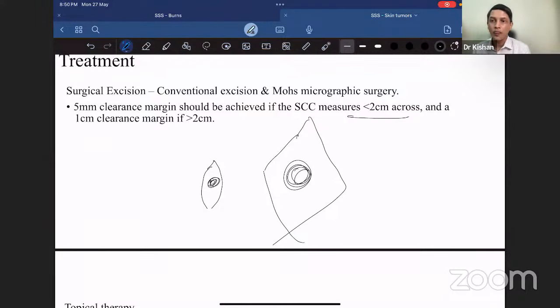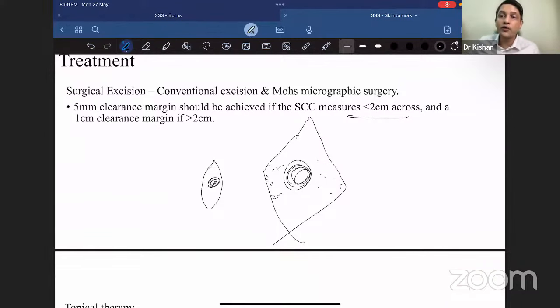Now, what happens? Sometimes the tumor may be visible only this much, but some is infiltrating here also. Microscopically, it will be present here also, so some tumor will be left behind. So Mohs micrographic surgery, or microscopic surgery, came into use.